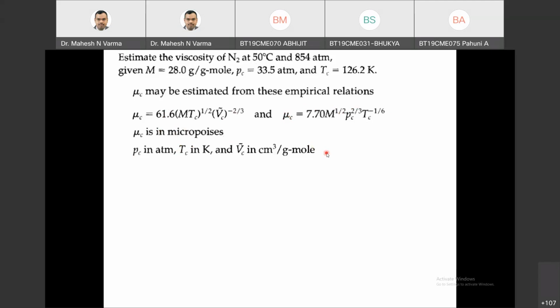Here, roll number 50, Rashmi. Yes, sir. So it will be 7.7 into 5.29 into 2.24 into 10. It is coming around 70.7 micropoise.